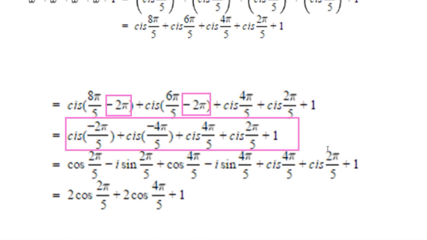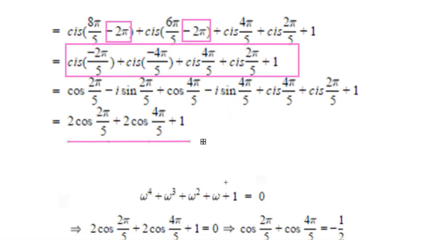A lot of those will cancel out. What will cancel out in particular is the i sin 2π/5, and it will leave you with 2, because there's a cos in there, and there is a cos in here, and a cos there. If you take your time and write it out smoothly, you'll find that you end up with this: 2 cos 2π/5 plus 2 cos 4π/5 plus 1.